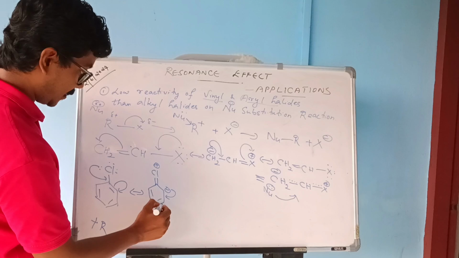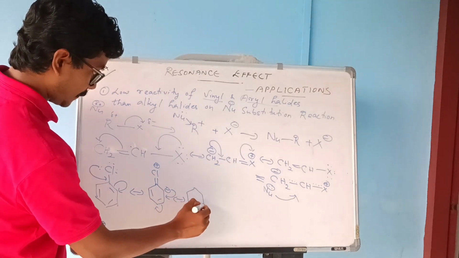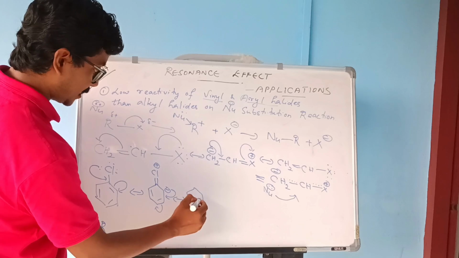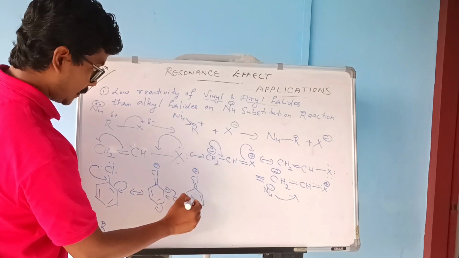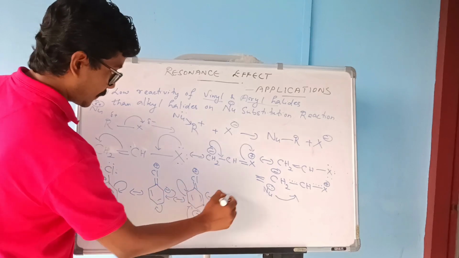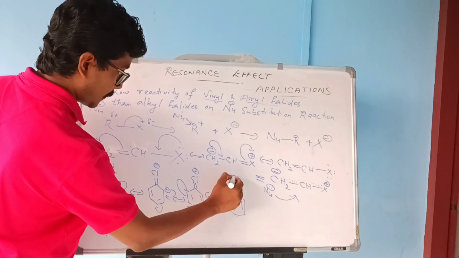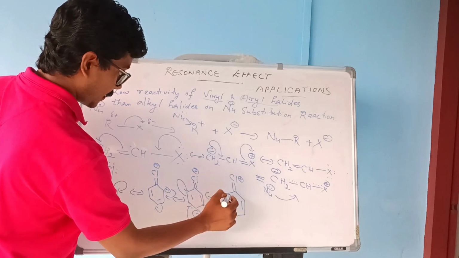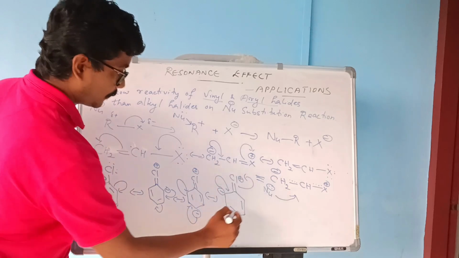This negative charge comes to here, this goes to here. This negative charge comes here, Cl plus. This negative charge comes here, this goes to here. This negative charge comes here, this will come here.